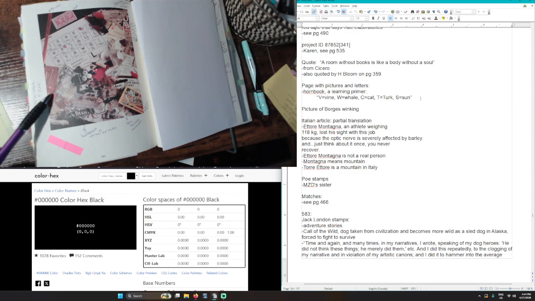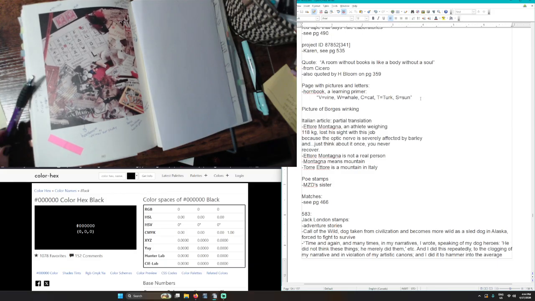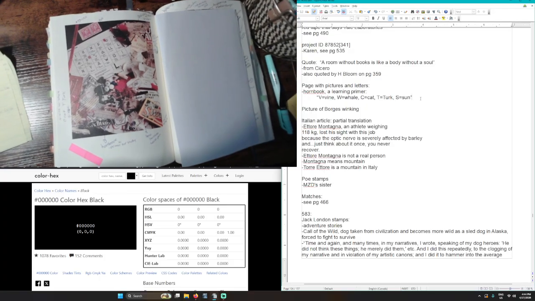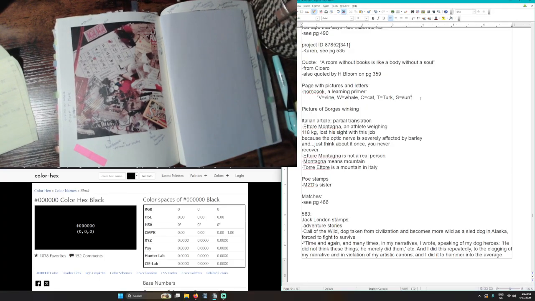This page over here with the pictures is a hornbook, which is a learning primer. Fix the camera again. And we get the words V for vine, W for whale, C for cat, T for Turk, and S for sun.